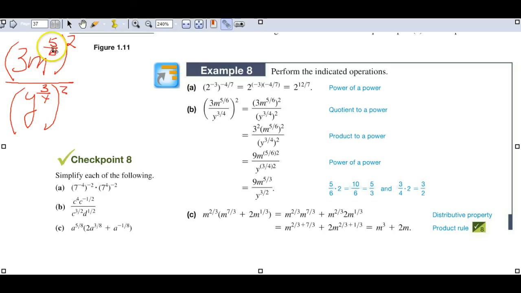So one of the things I think is helpful is to put it in a nice fractional form. So here we have a 1 there. So this is going to be 3 to the second power. And then here I can do some canceling, and this becomes m. That goes into there 3 times. So we get m to the 5 thirds there.